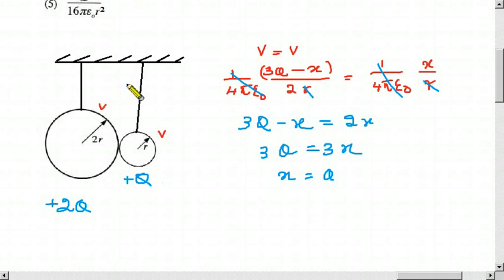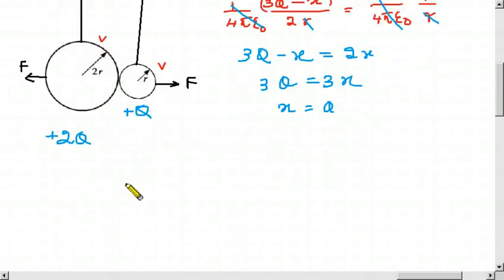So now we have to delete this one. Same charges, what happens? Repel each other like this by a force. This one also gets the same force. So according to Coulomb's law, we can write the initial F equals 1 over 4 pi epsilon naught.